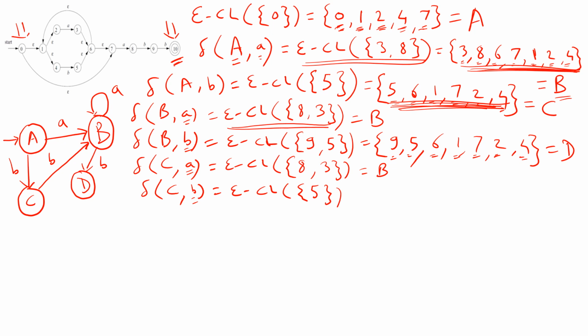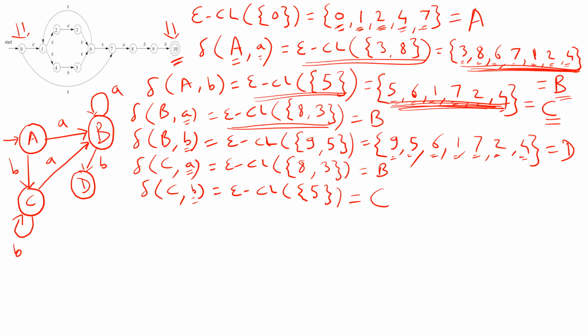And we have calculated epsilon closure of 5. Epsilon closure of 5 is C, right? So that's C. So for C, we have a self loop on input alphabet B, right? This should have been A, right? CA takes you to B, and CB, you have a self loop.